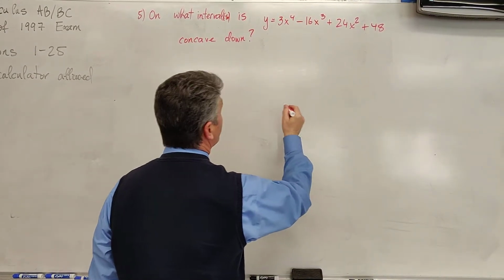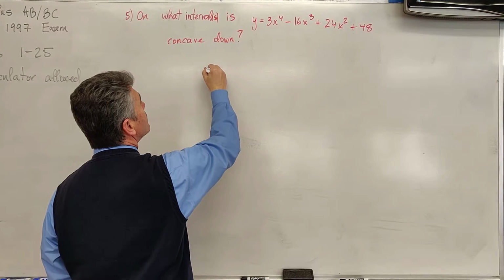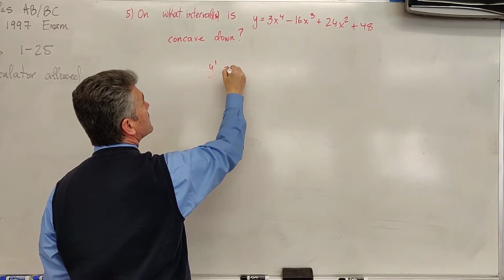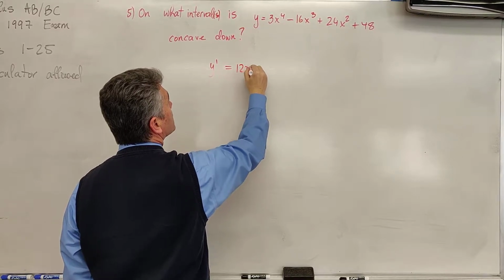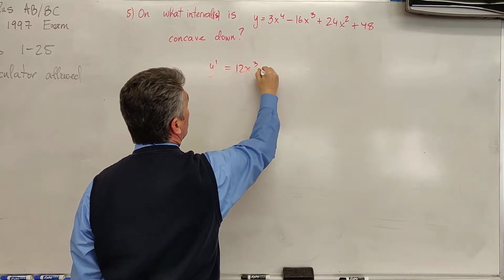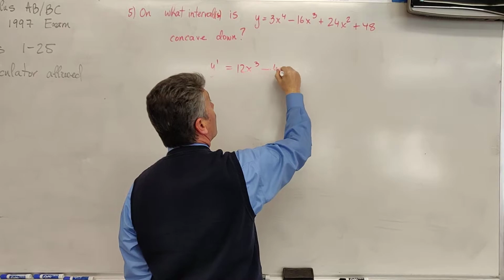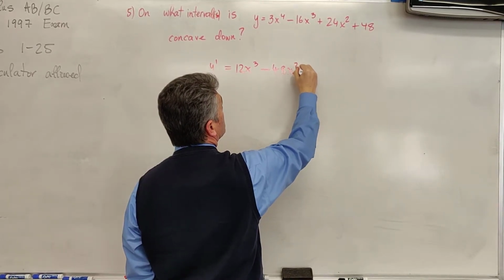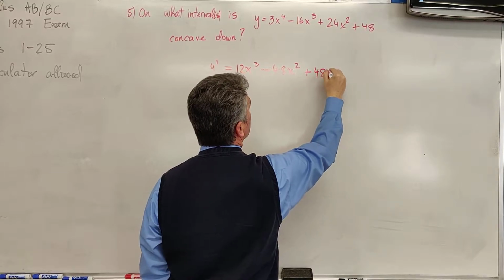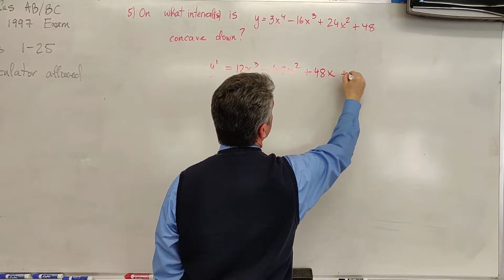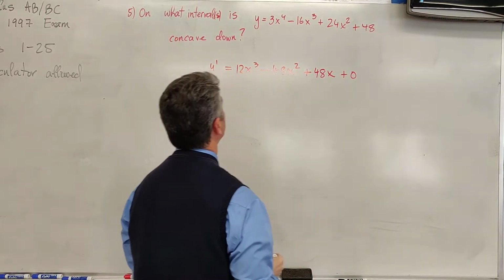Y, we will now find y prime. Y prime is equal to 12x cubed minus 48x squared plus 48x plus 0.